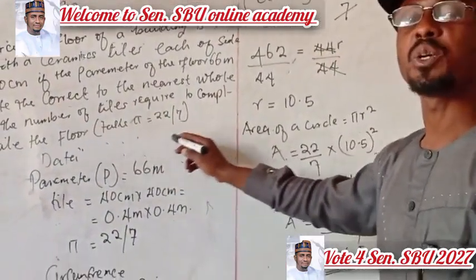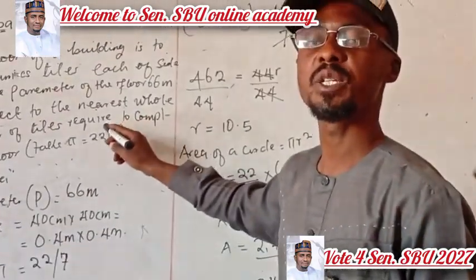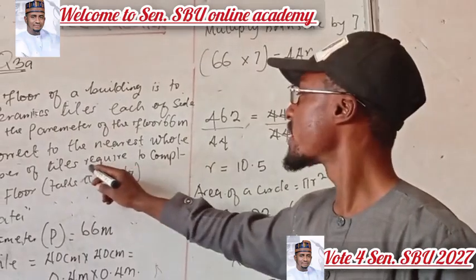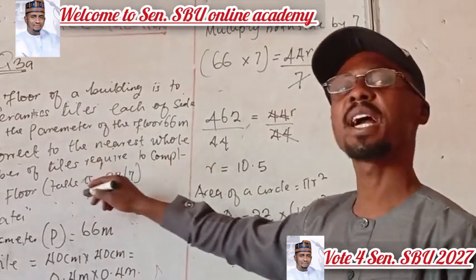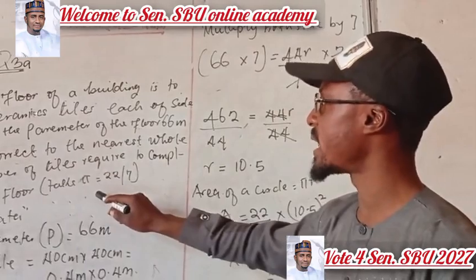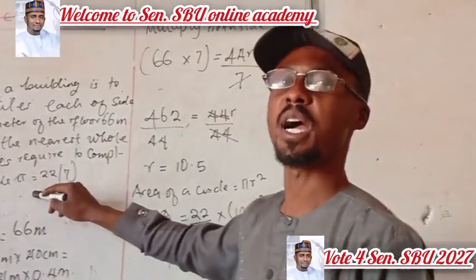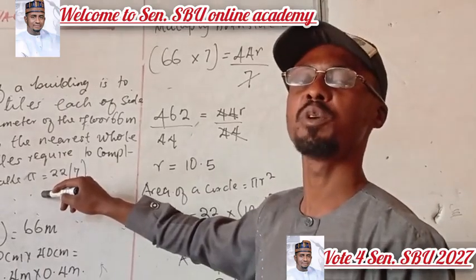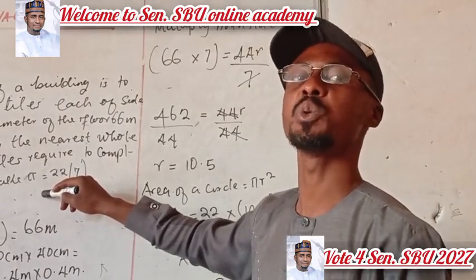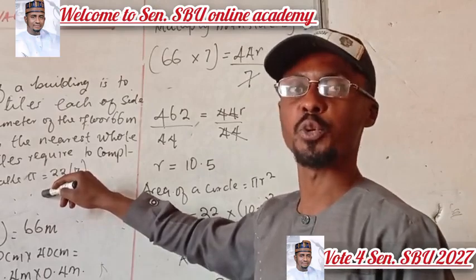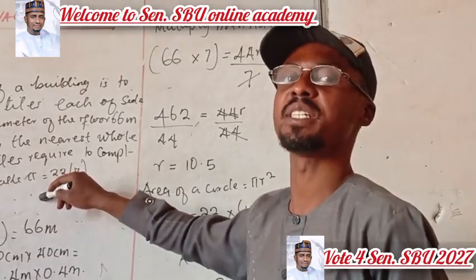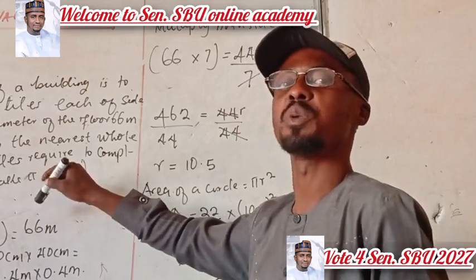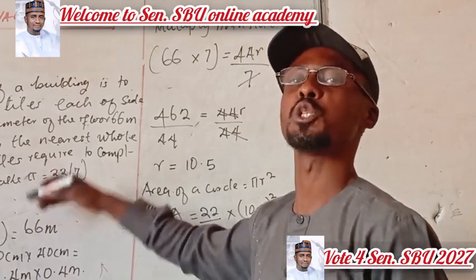As an SS3 or SS2 student who is ready for WAEC and NECO, you know that when we say pi in mathematics, you don't need to ask, or if you ask, Senator Shehu Umar online class is still ready to answer the question for you. No question is considered silly, and no question is considered underrated. We don't assume that you know.